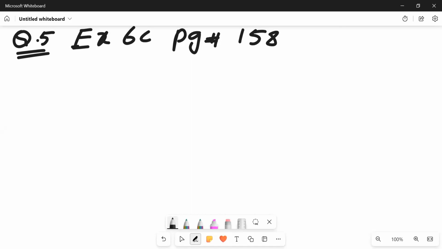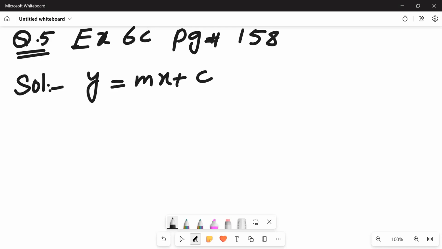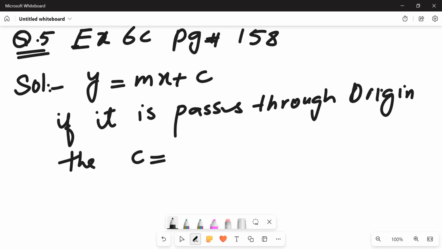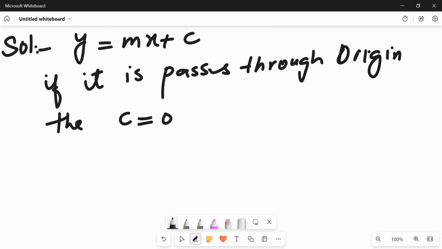Now we have to find the equation of the straight line which passes through the origin and whose gradient is 2. The equation of a straight line is y = mx + c. If it passes through the origin, then its intercept c is equal to 0 and the slope m is equal to 2.